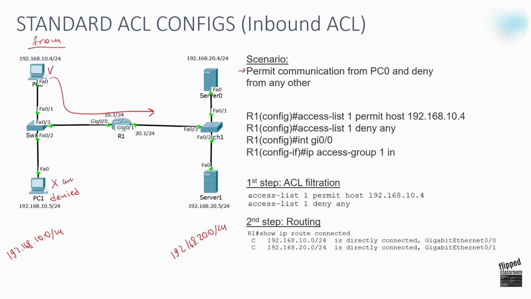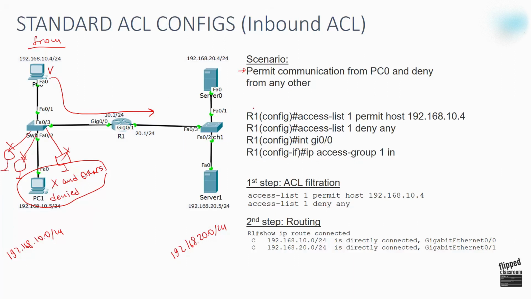So in case you connect PC2, PC3 and PC4, PC5 and so on, all of them will be denied communication like this. Whereas PC0 will be able to communicate and send the packets through the router 1.